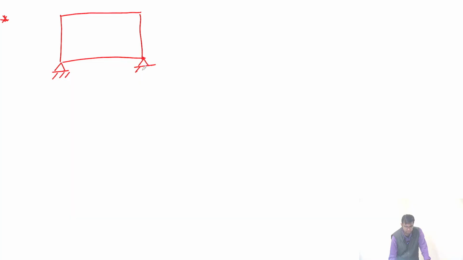Even though this is probably a very simple truss, you will realize through this example how difficult or complex it can be even for such a simple system. Let us number the members 1, 2, 3, 4, 5, 6.